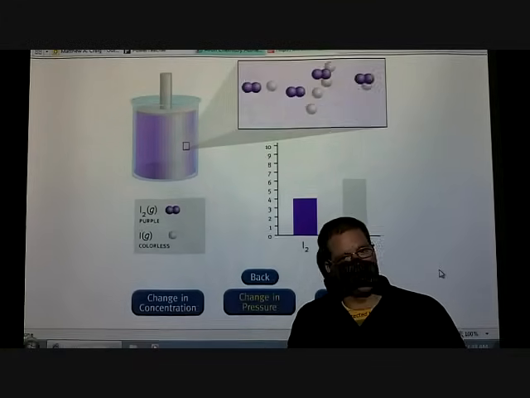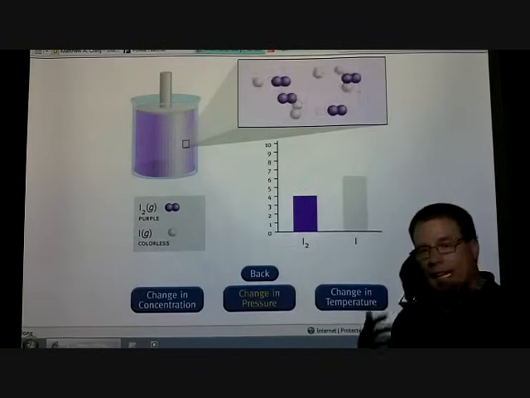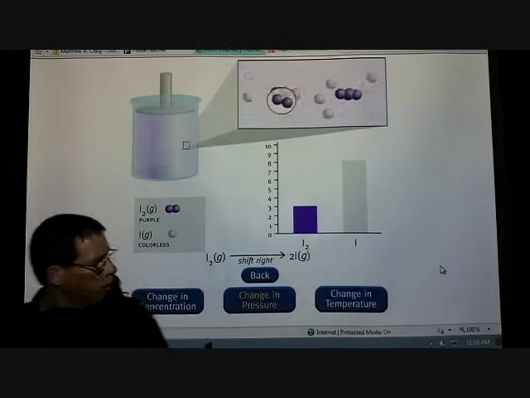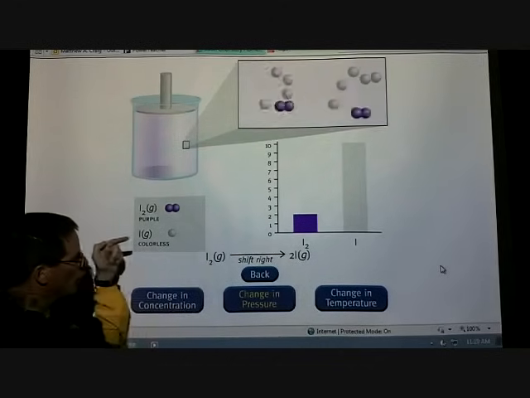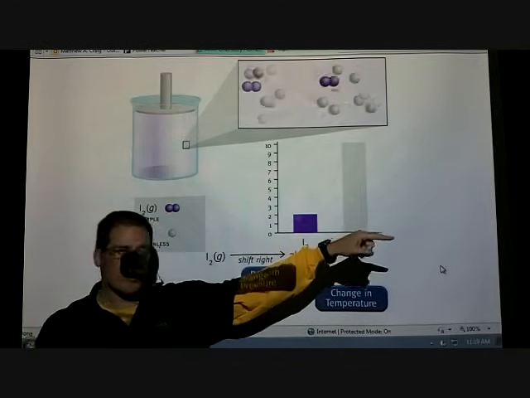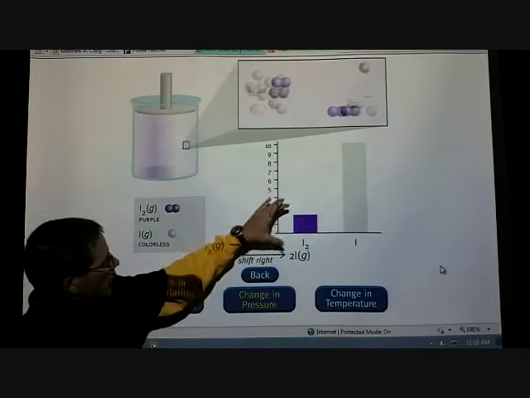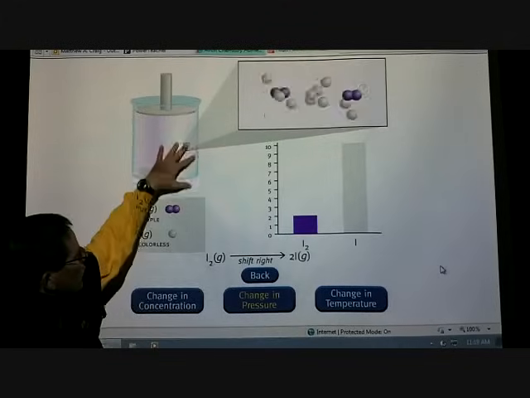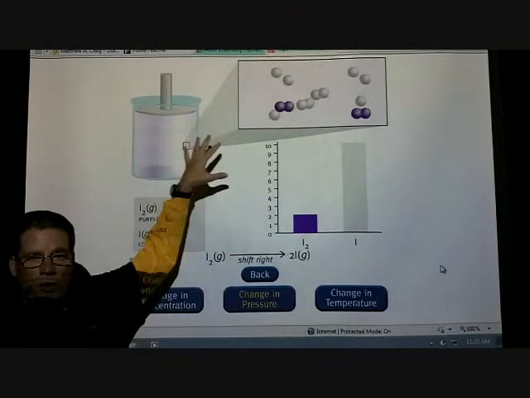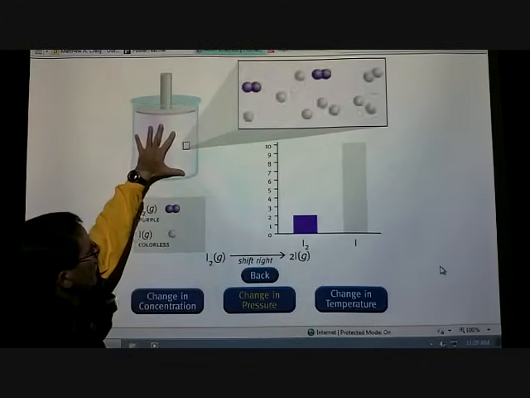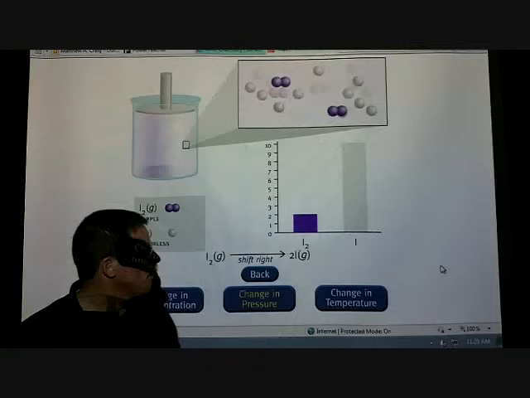So what the system wants to do is reestablish itself by shifting in the direction that will increase the number of particles. Since we have 2 particles on the right side and only 1 on the left, the reaction is going to shift in the direction that forms more particles. So that's what this did. And notice that the color purple was reduced, and it's a clearer color here, because we have fewer purple particles, if you want to talk like that.